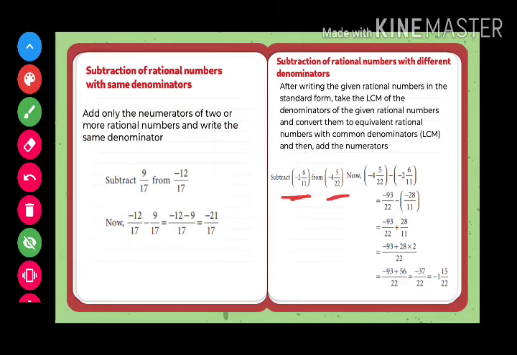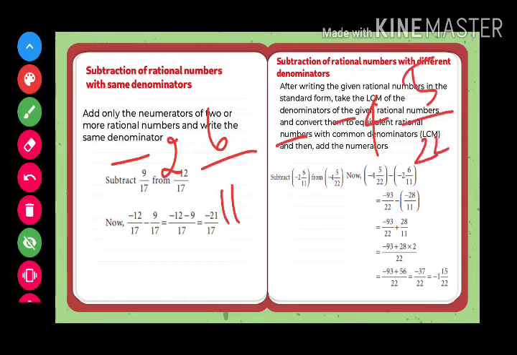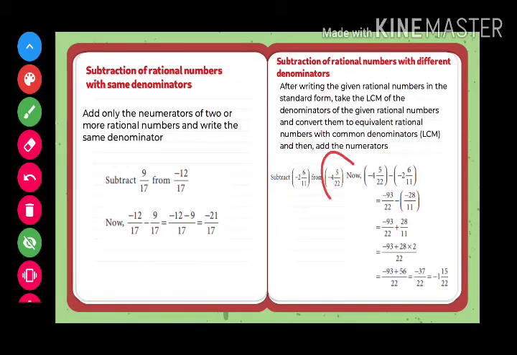You cannot simply write, let's say, minus 2 6 by 11 minus 4 5 by 22. This is totally wrong because they have given the word 'from' here. From means you have to write this term first and subtract this from that term.